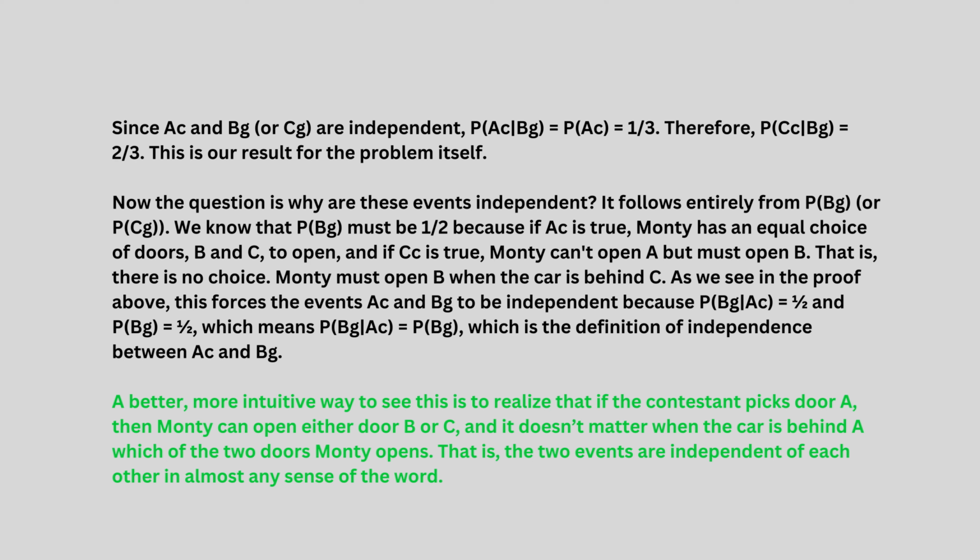As we can see in the proof above, this forces the events AC and BG to be independent because the probability of BG given AC equals 1/2 and the probability of BG equals 1/2, which means the probability of BG given AC equals the probability of BG, since they're both equal to 1/2, which is the definition of independence between AC and BG.